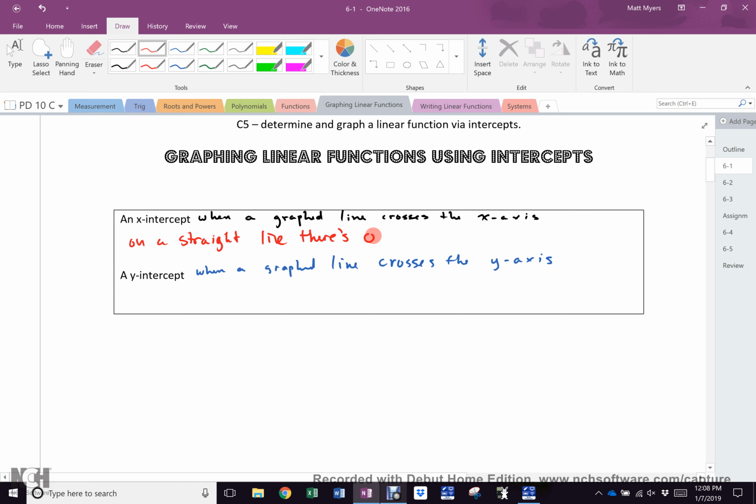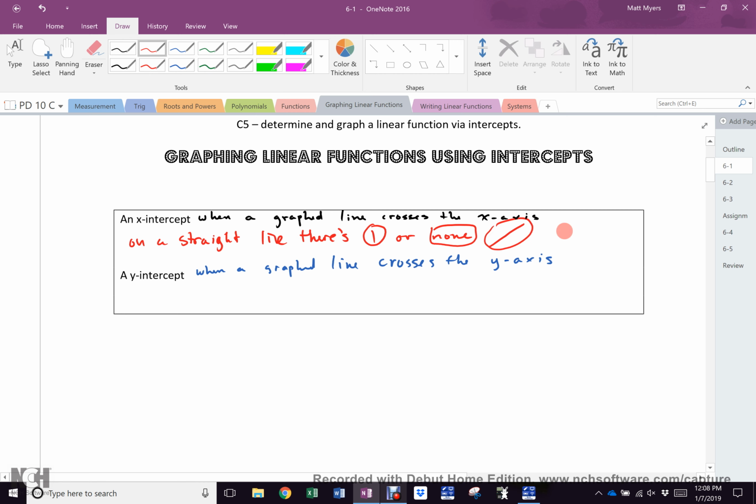So on a straight line, there's one or none. When there's one, it's a diagonal line. When there's none, I'll put a box around that. None is diagonal, or one is diagonal.